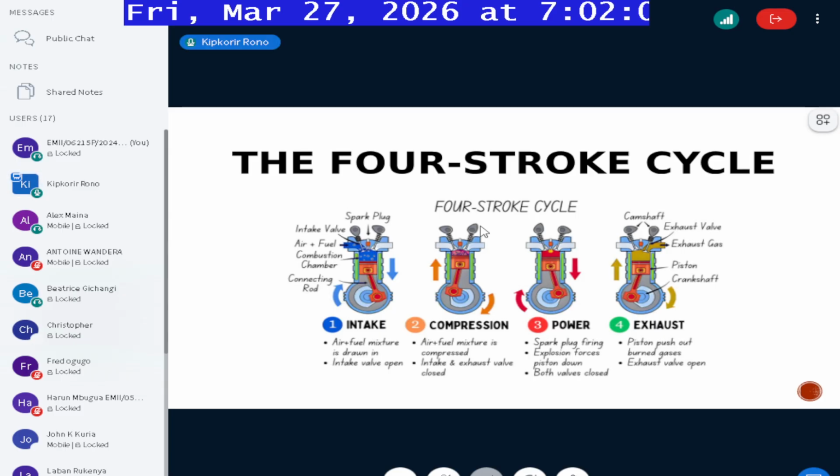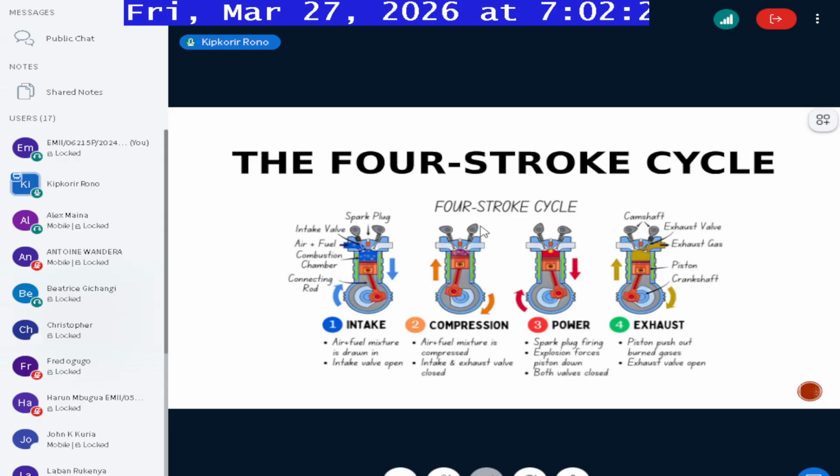It's a length that is normally given. As the piston moves downwards, it creates that negative pressure, but usually the negative pressure does not stay for long. At the end of that, which we call the intake stroke, the intake valve closes.